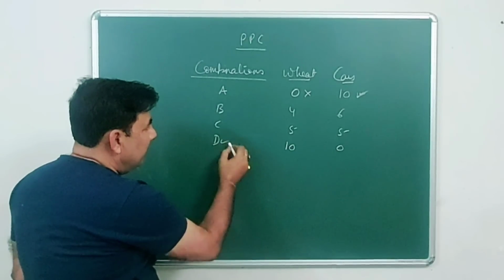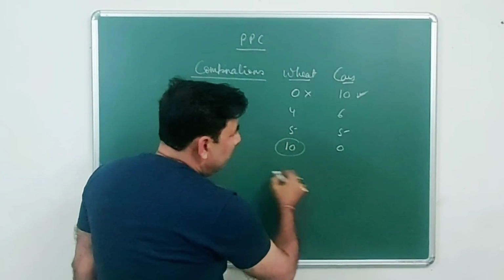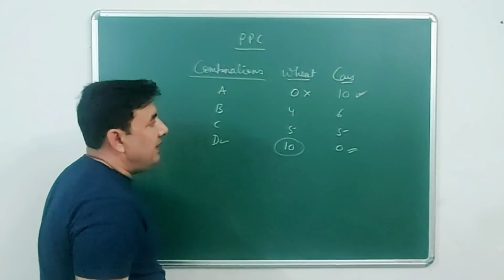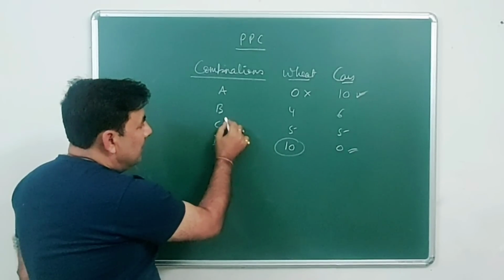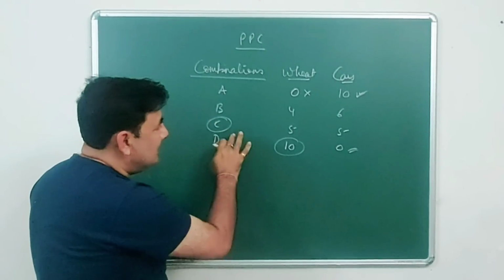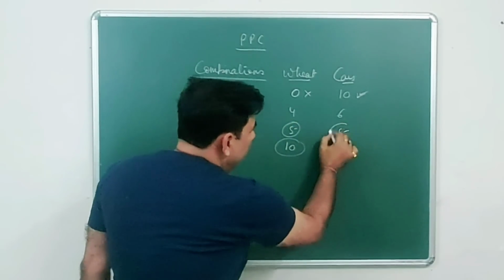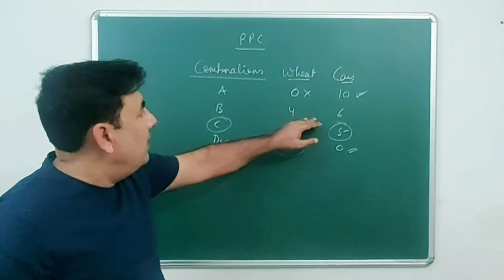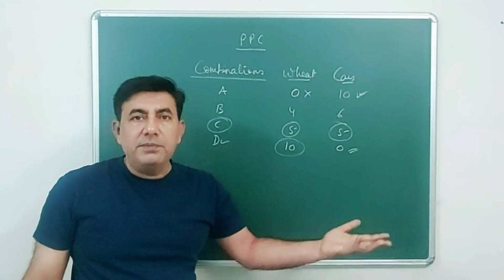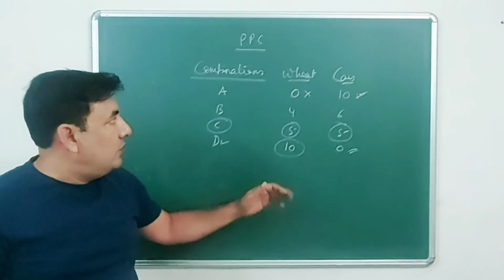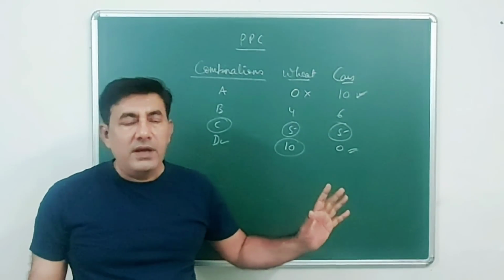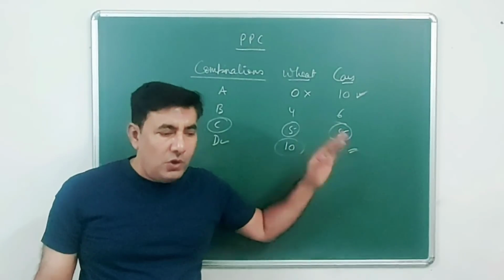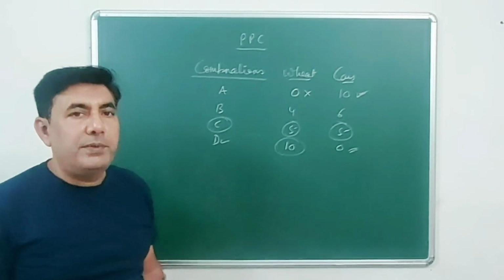In the last combination, we are only manufacturing wheat and no cars. In the third combination C, we are equally manufacturing both articles, and in combination B, proportionally the car manufacturing is more than wheat. So this is PPC.